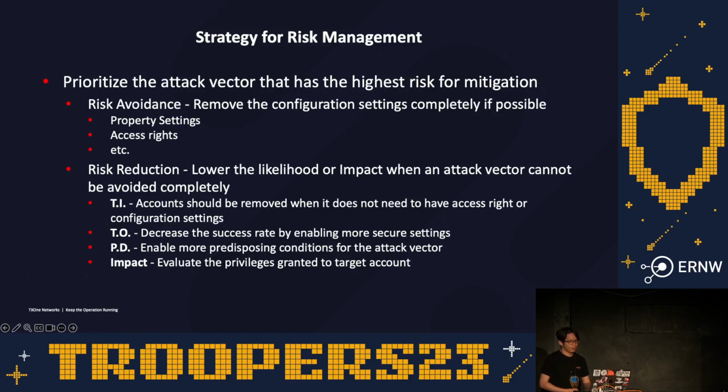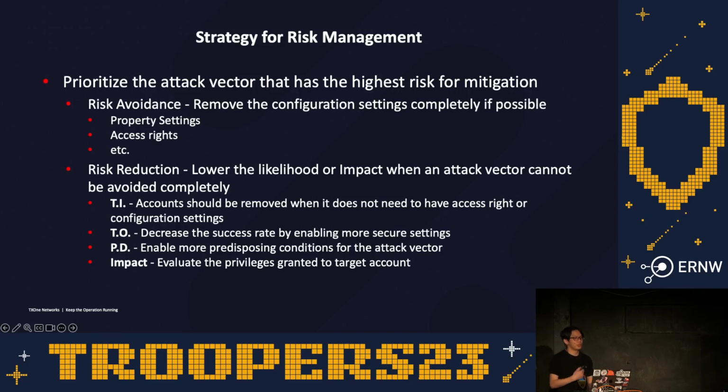So this is for the risk avoidance. However, in most cases, we cannot completely avoid an attack vector. So in this case, as a last resort, we can also try to reduce the risk. And it is done by using the risk factors to guide us in the mitigation efforts.